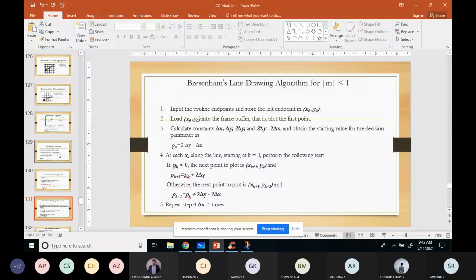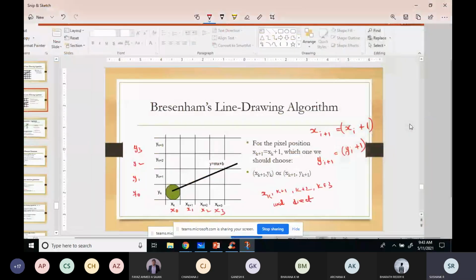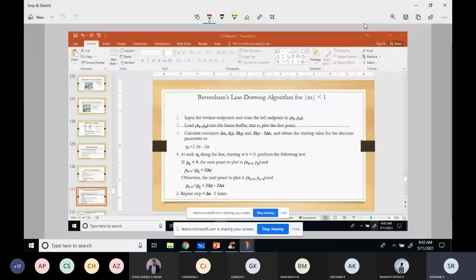There will be two ends of the line, x naught, y naught, and it can be x end, y end. So initially you'll get the two endpoints of the line, that is the starting point and the ending point of the line, and you will store the x naught, y naught value.